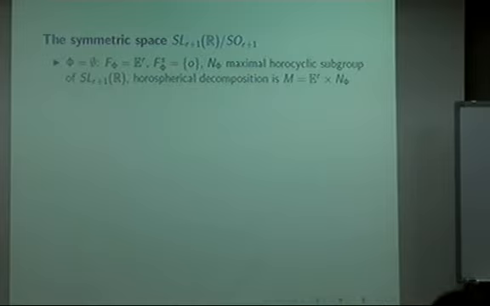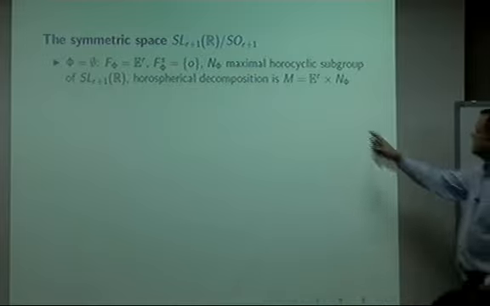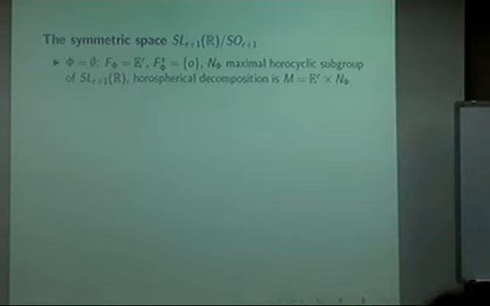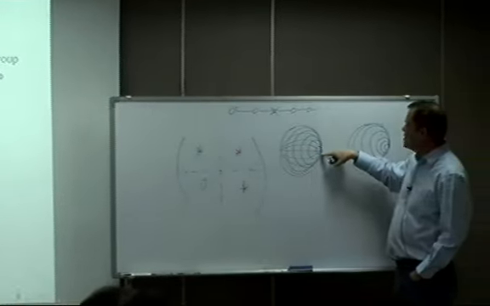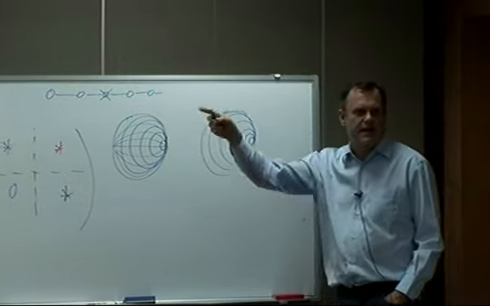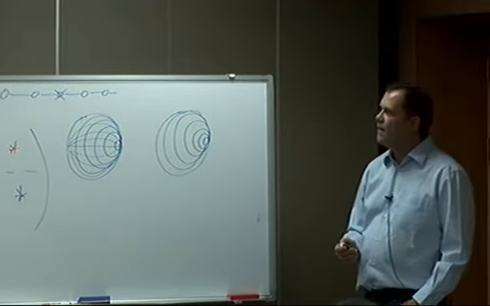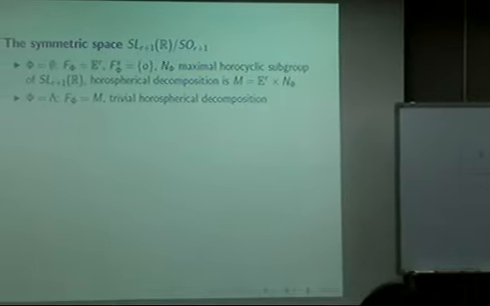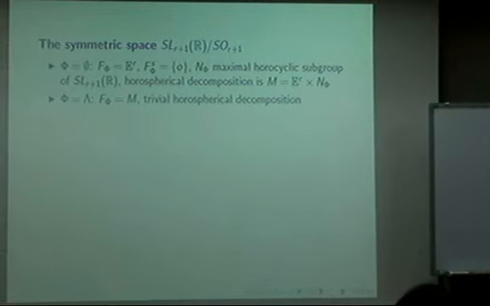So the horospherical decomposition of M is just this Euclidean space times a horocycle. It's very similar to this here. The Euclidean space would be this line, and then times a horocycle. So that's what we get from this choice, just higher dimensions. Nothing really happens for this choice. I just wrote it down for completeness. That's not interesting at all.